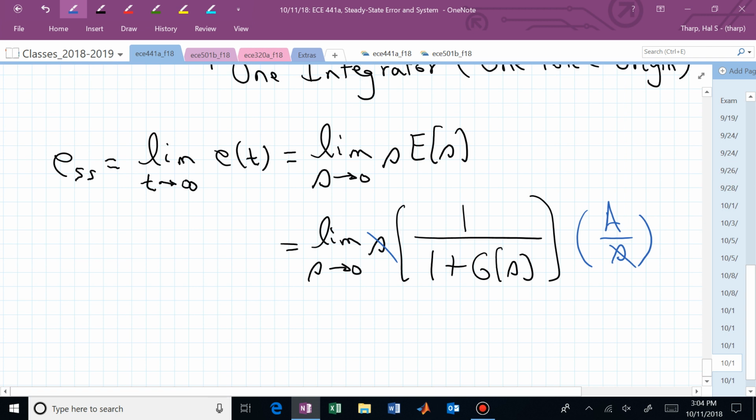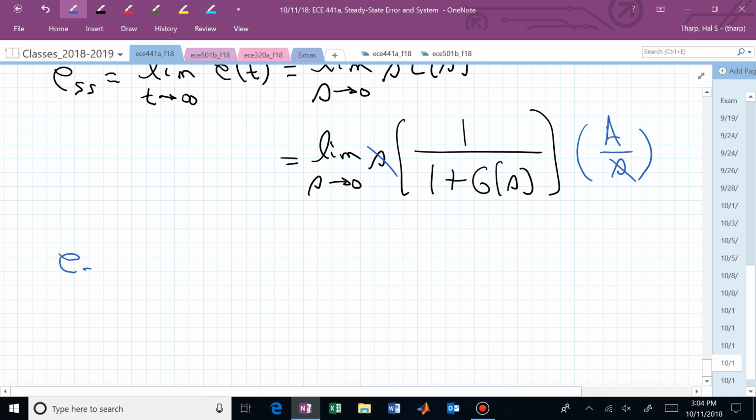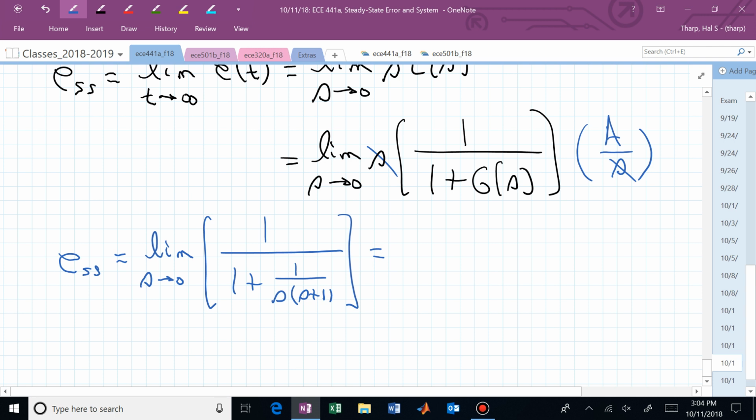This s cancels that s, and we now have something that looks a little different than what we had before when we start substituting in our explicit expression for G of s. Now we're looking at the limit as s goes to 0 of 1 over 1 plus 1 over s times s plus 1. And now we have something in the denominator of the denominator. Let's clean that up a little bit. I'll do that in a couple of steps so that you can see where this is coming from.